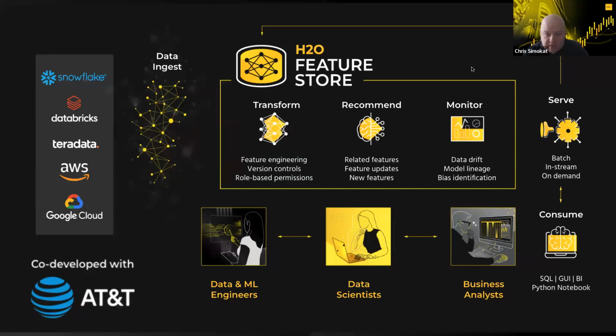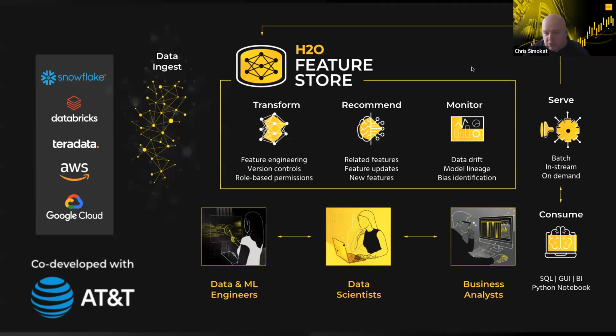This is another look at the feature store, in terms of how we can connect to a variety of data sources. So this is anything from your cloud providers like Snowflake and Databricks, things in AWS, in Azure and Google Cloud. And once you pull in the data using the pipelines, you can transform the data. We can build recommendations that show related features or show you what's popular by what's being accessed frequently.